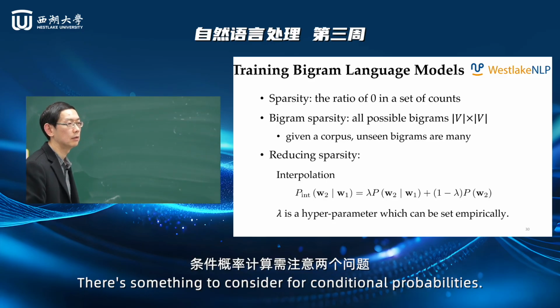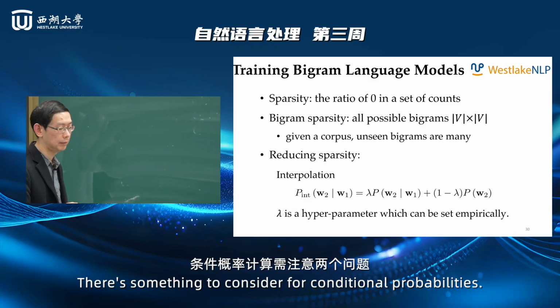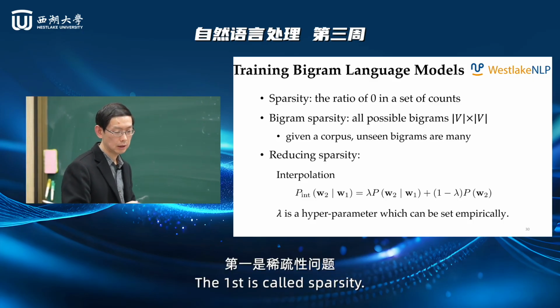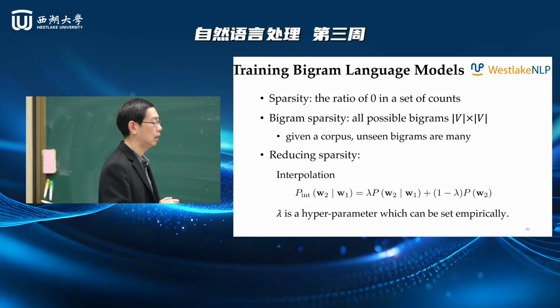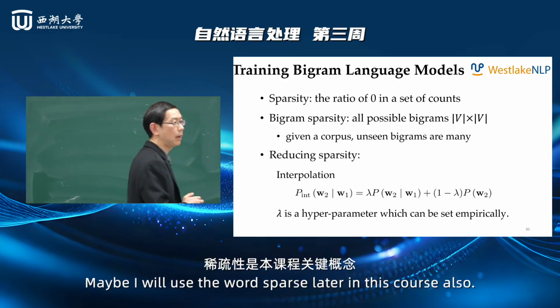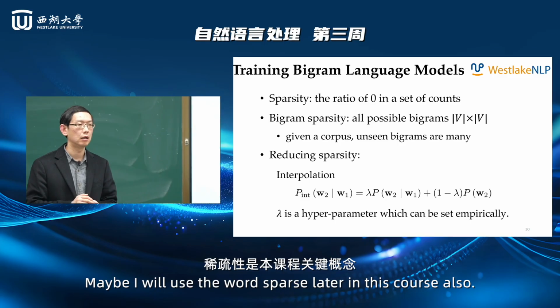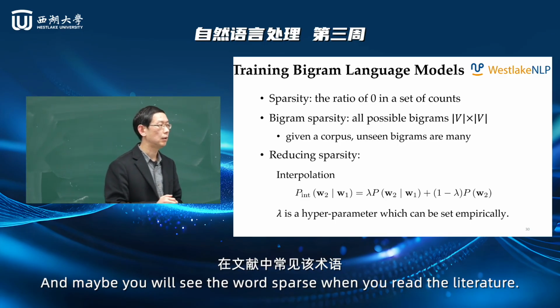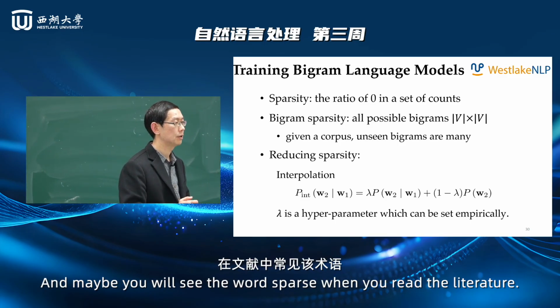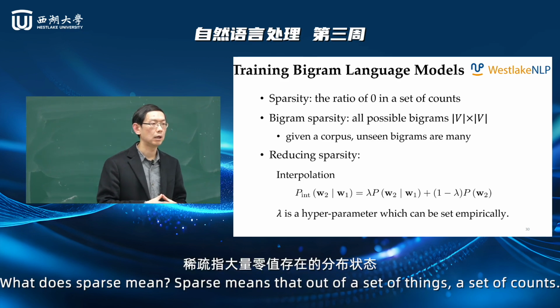There's something to consider for these conditional probabilities. The first is called sparsity. Maybe I will use the word sparse later in this course also, and maybe you will see the word sparse when you read the literature. What does sparse mean?